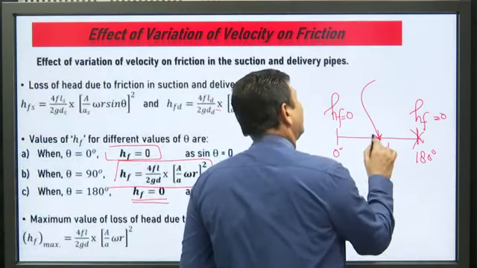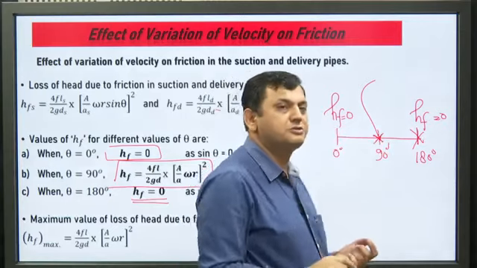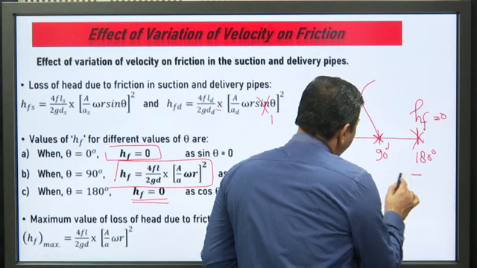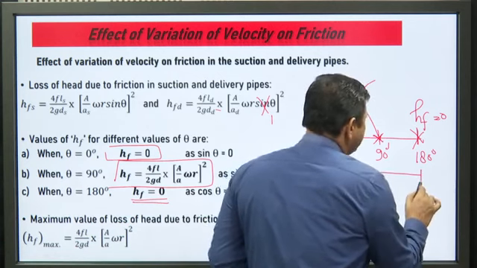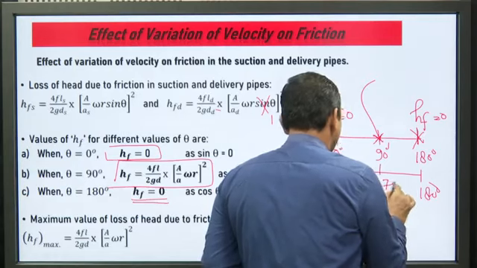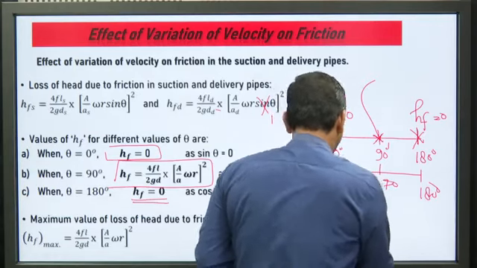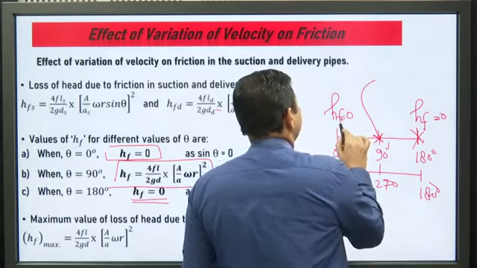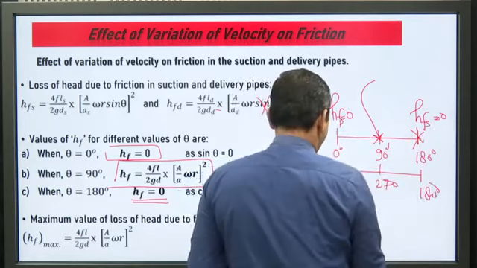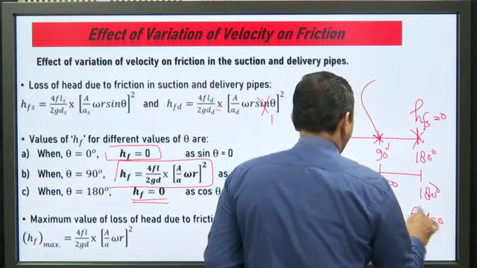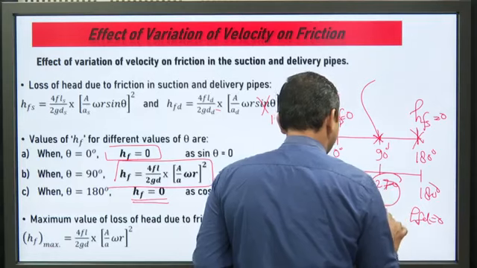Maximum is at the middle of stroke. Similarly in case of the delivery, 180, 270 and 360. At this point no effect. So this is S, this is D, this one HFD has no friction effect, and this is the maximum.